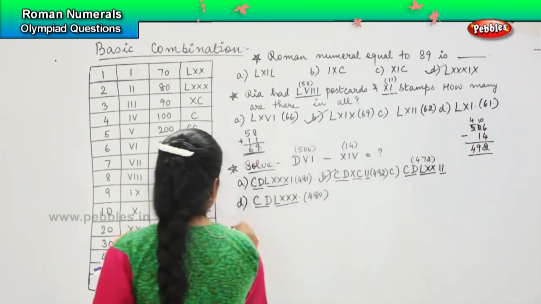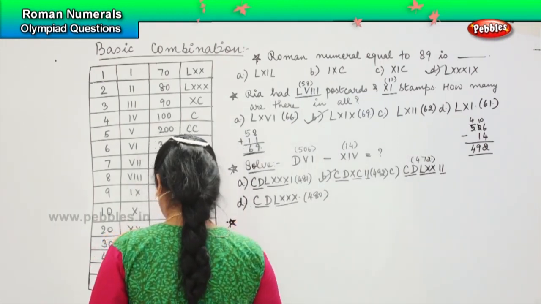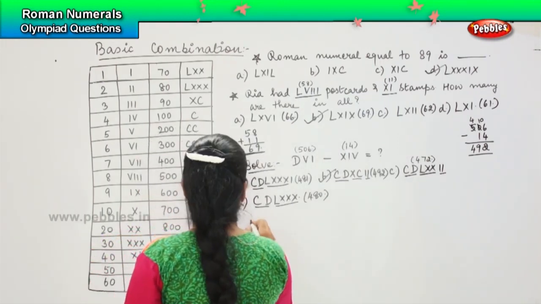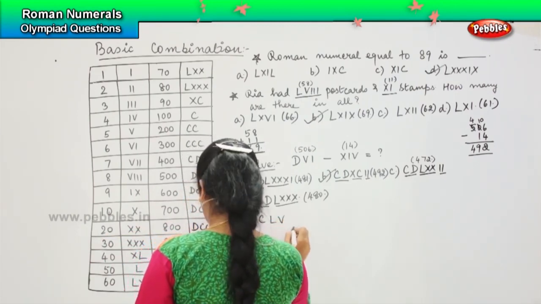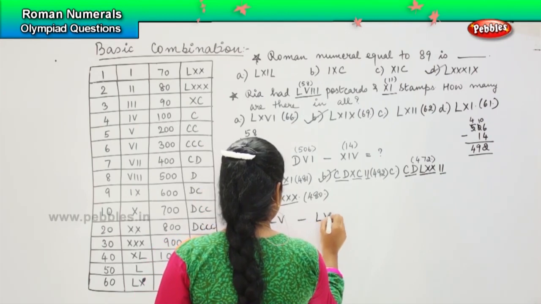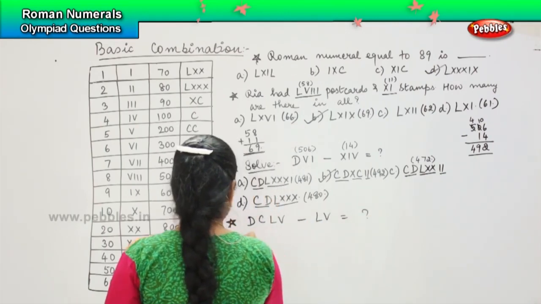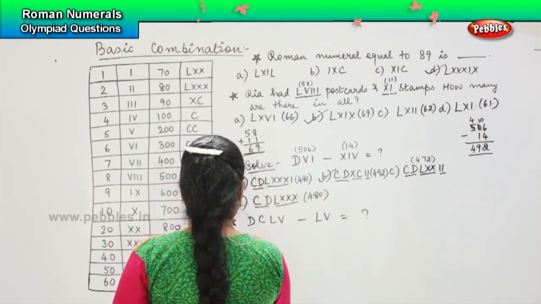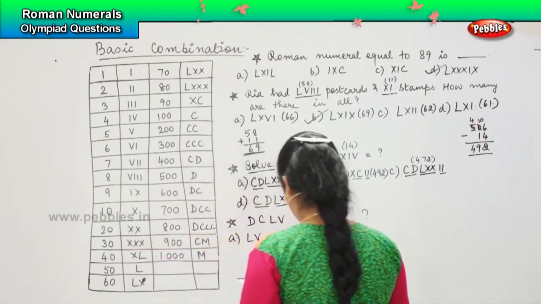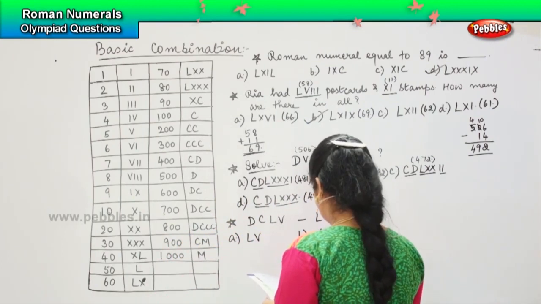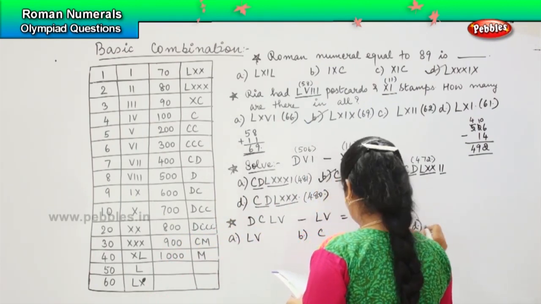Okay. The next question is DCLV minus LV equals how much? Your options are LV, option B C, option C D, and option D DC.